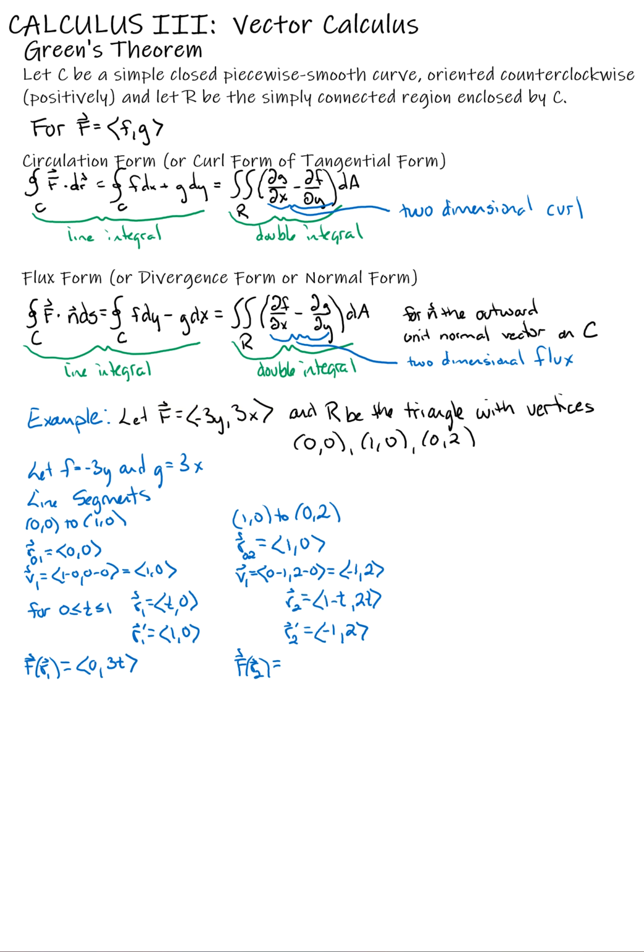Let's see, that's going to give us negative 6t and 3 minus 3t. All right, so there's f evaluated at R2, and again, we're going to need that.